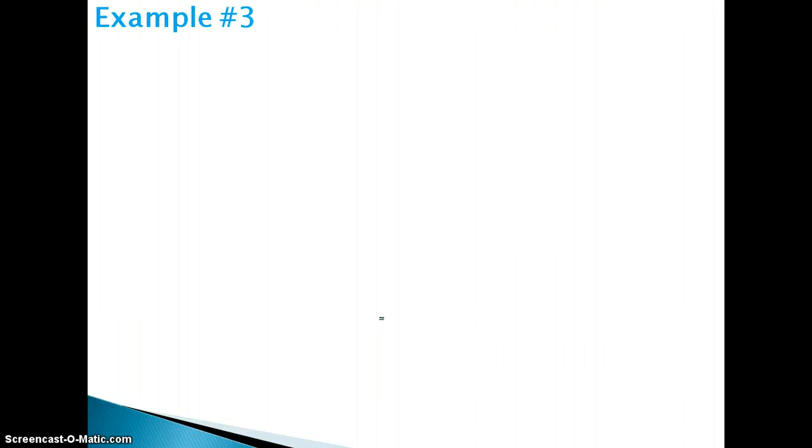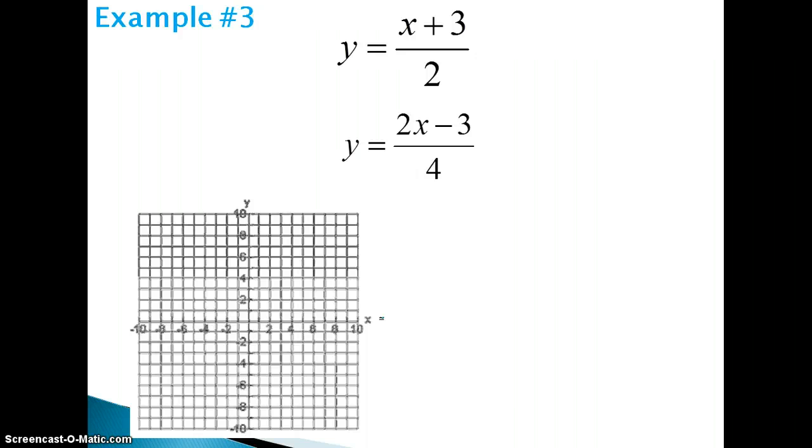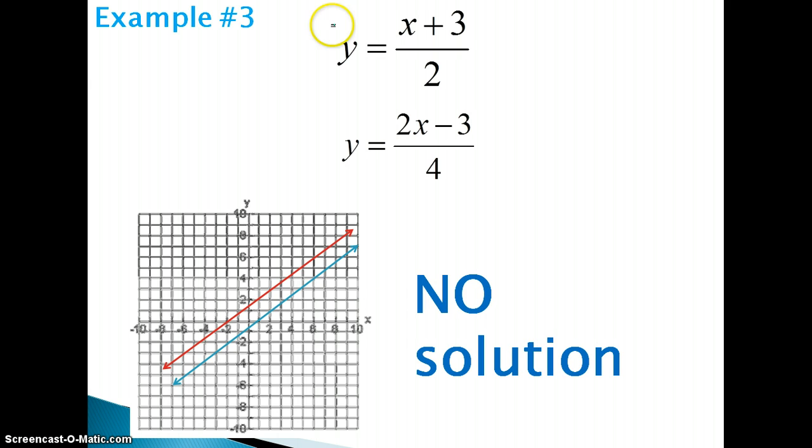And let's look at example 3. We have y equals (x plus 3) divided by 2, and y equals (2x minus 3) divided by 4. When I graph the first one, there's the first line. And if I graph the second one, there's the second line. Notice that these lines are parallel to one another. Since they are parallel to one another, it is no solution.